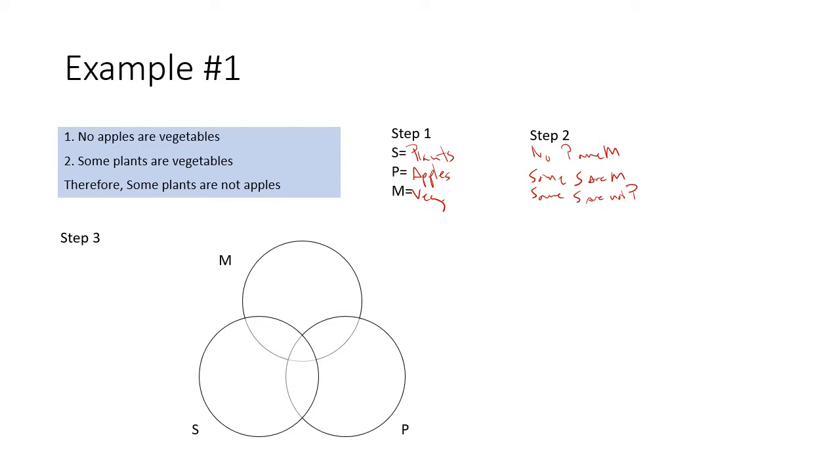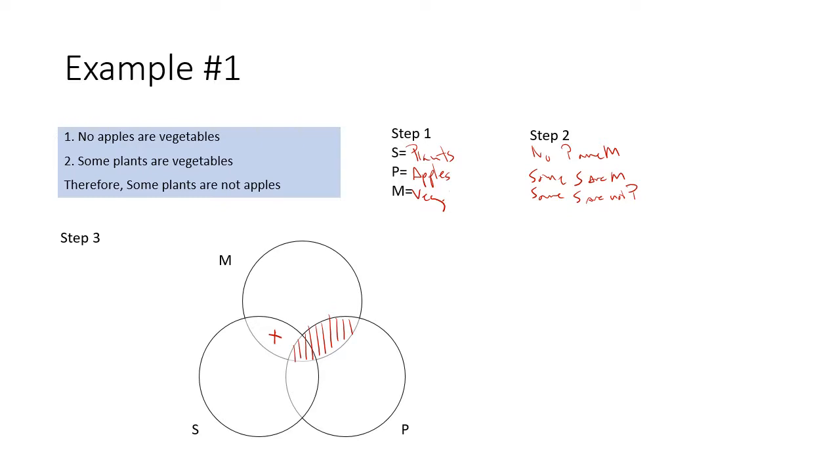So no P are M means that this area would be empty, right? That's what shading means. And then the particular affirmative is saying that there's at least one thing that's both, so that's the X, and so there's something that is both an S and an M. So that's in this football on the left, and half of it is shaded in, so it just goes in the spot that isn't shaded.